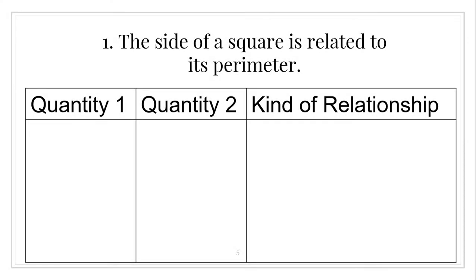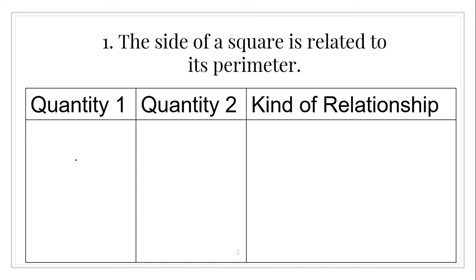So first, the side of the square is related to its perimeter. Let's identify what is quantity number one and what is quantity number two. So again, the side of the square is related to its perimeter.